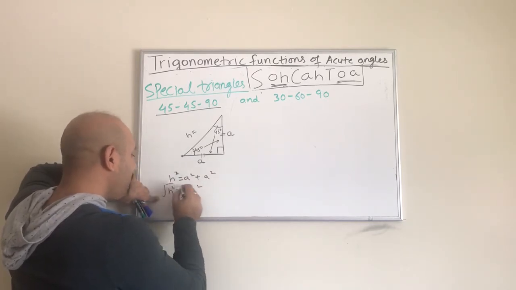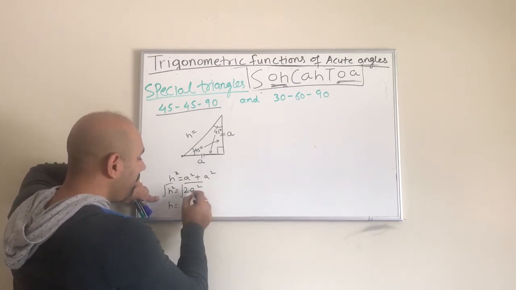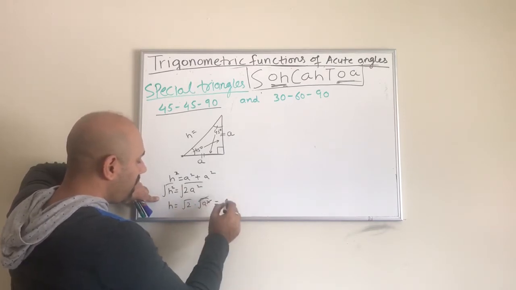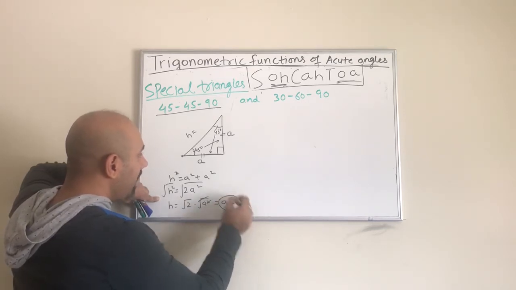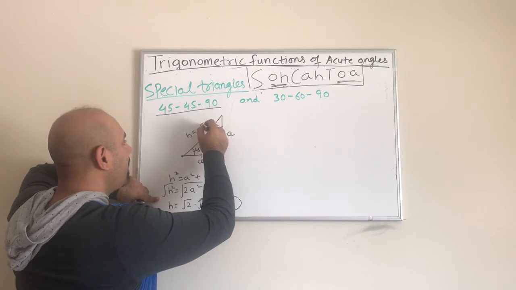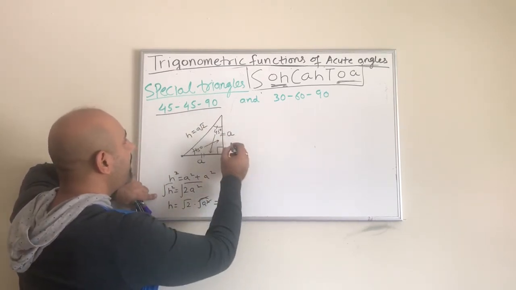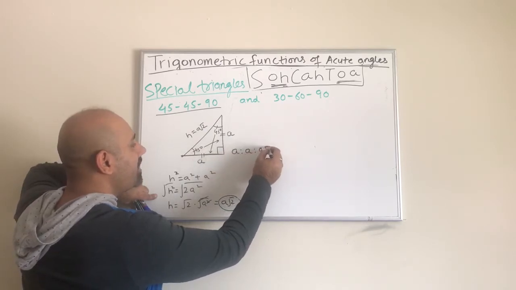If I take the square root on both sides, h equals radical 2, which I cannot simplify, so let me break it down. It's radical 2 times radical a squared, and then the square and square root cross out. It's finally going to be a radical 2. So these are the ratios of the sides for a 45, 45, 90 triangle. It's a is to a is to a radical 2.